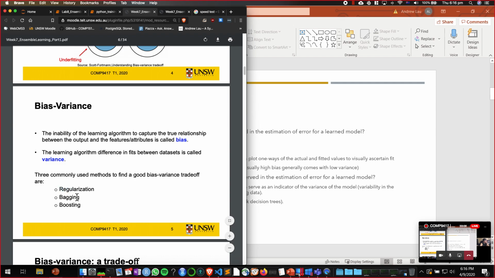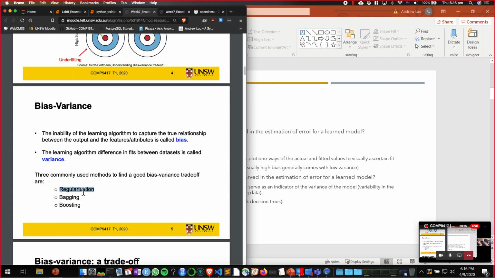We'll talk about a bunch of these: regularization, bagging, boosting, right? Regularization, you may recall, is introducing a penalty for model complexity. It's a way to simplify the model and prevent overfitting.